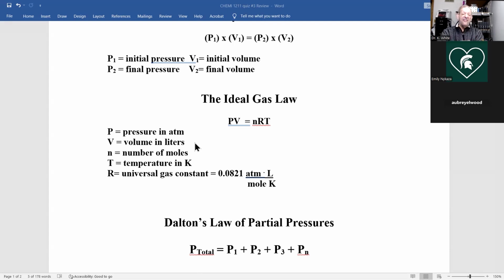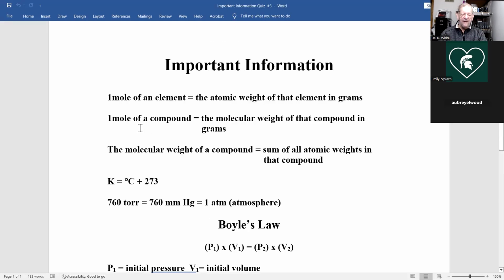I've never seen anything that measures moles, but I can measure weight, grams. And remember from test 1, you should know how to do this. 1 mole of a compound equals the molecular weight of the compound, and the molecular weight of the compound is the sum of all atomic weights.